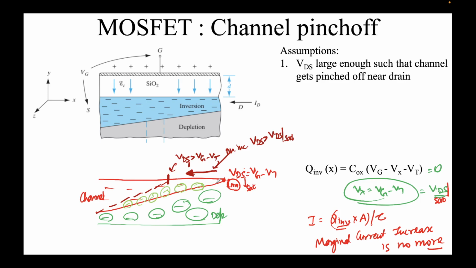So what is happening? The thing is that the current transport mechanism after pinch off in this region is not due to the inversion charge. Okay, this I have written here. I'll write in brown, let's say.